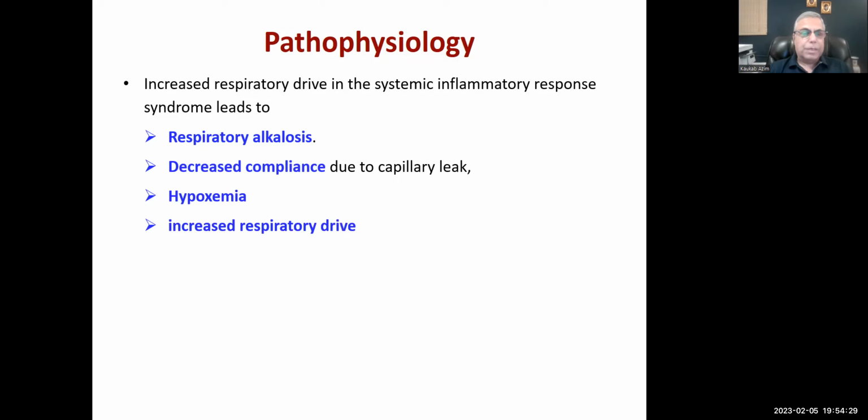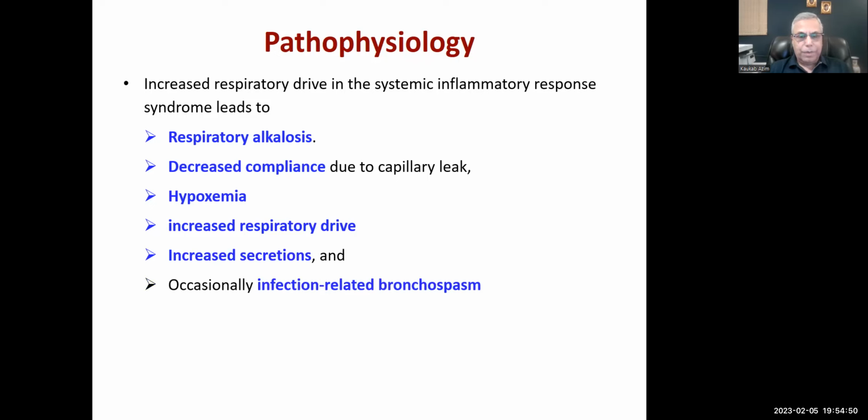Increased respiratory drive: the respiratory center is in the brain, in the medulla oblongata, so that will be stimulated. It is mainly stimulated by an increased amount of carbon dioxide or presence of H ions, right? Increased secretions, and occasionally infection-related bronchospasms.